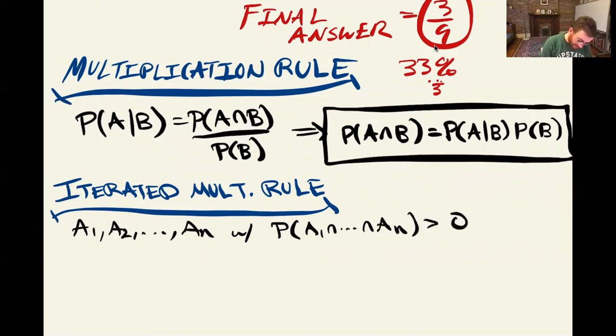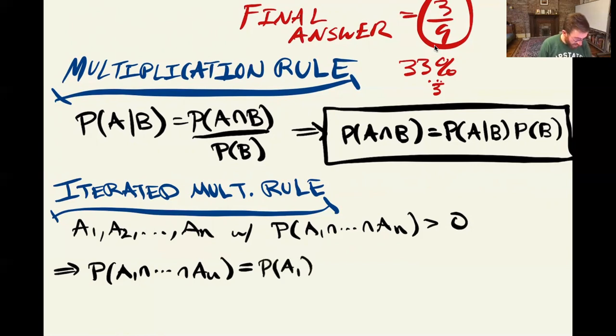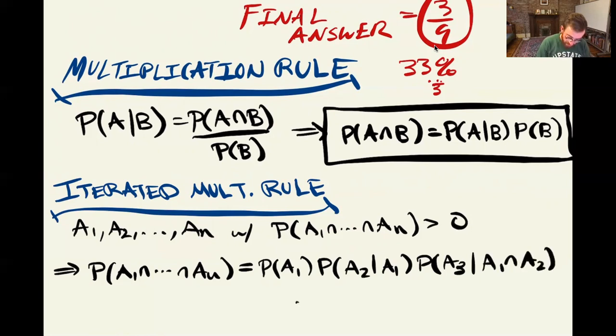And one way to get at this probability is that the probability of A1 and A2 and A3 all the way down to An occurring is equal to the probability of A1 occurring times the probability of A2 occurring given that A1 occurred, times the probability of A3 occurring, assuming that A1 and A2 occurred, all the way up through the probability of our nth event occurring, given that all the previous events occurred.